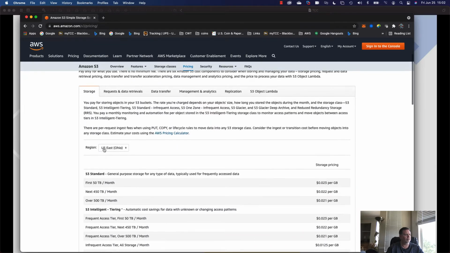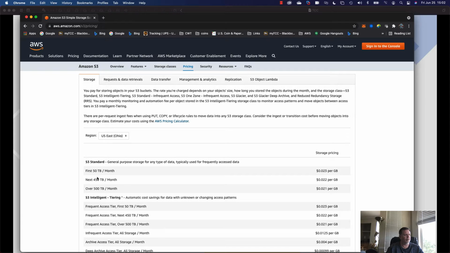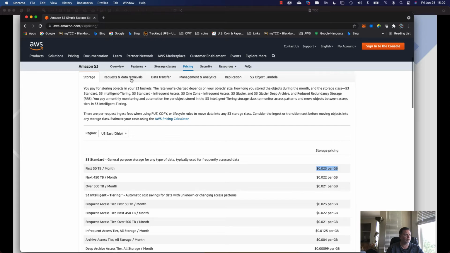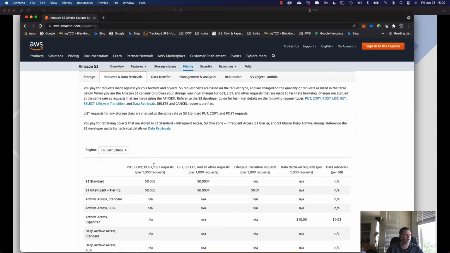And so then it tells me that for the first terabyte, I get charged 2.3 cents per gigabyte for the storage. But this is where Amazon is very granular. So you pay for the storage, but you also pay for requests and retrievals.